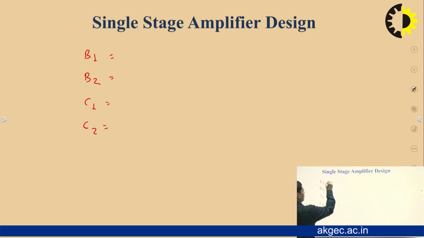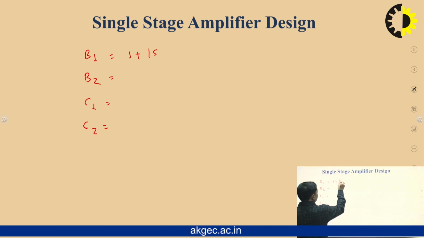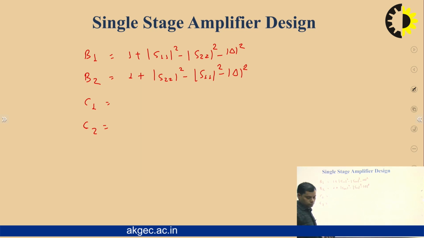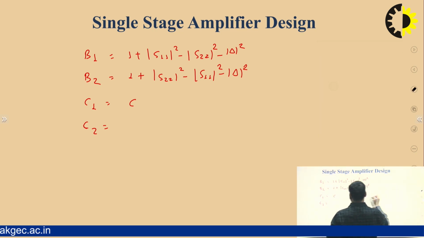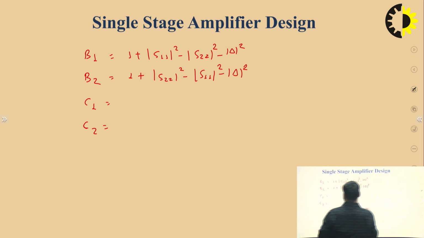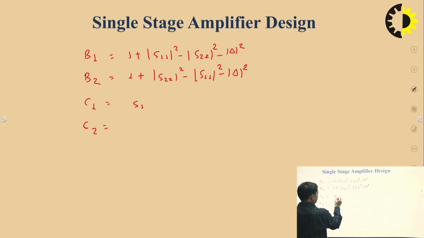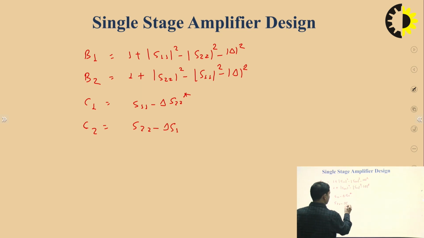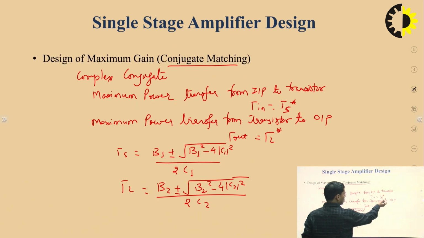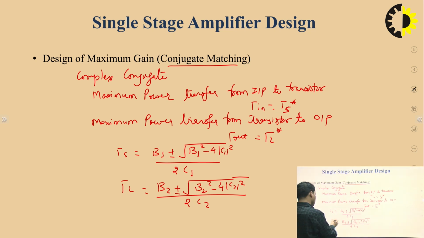These coefficients are given here. For the conjugate matching, rho in is equal to rho s conjugate, rho s is given by B1 and C1, and rho L is given by B2 and C2.